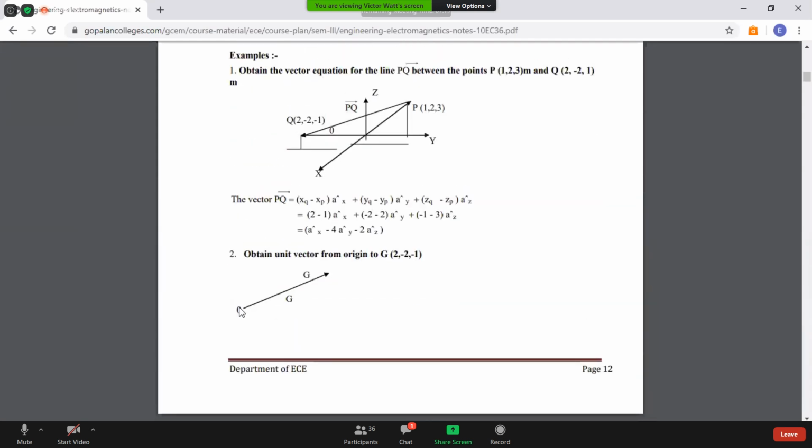G is at some point out here, x equal 2, y equal minus 2, z equal minus 1.